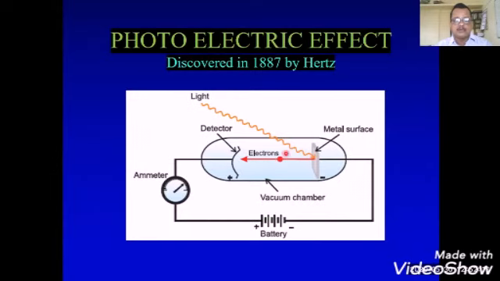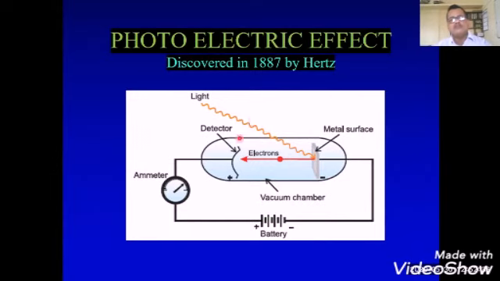Again, I want to repeat, what is the photoelectric effect? This is an experimental setup. When light having suitable wavelength falls upon the surface of a metal, electrons are ejected from the metal surface. These ejected electrons are called photoelectrons, and the phenomenon is called the photoelectric effect.